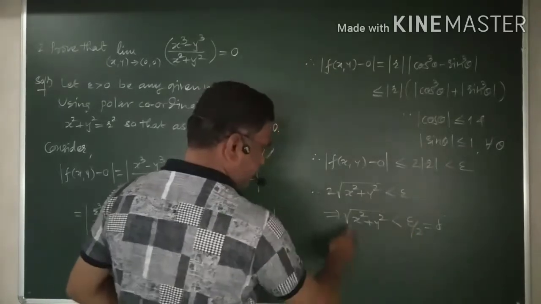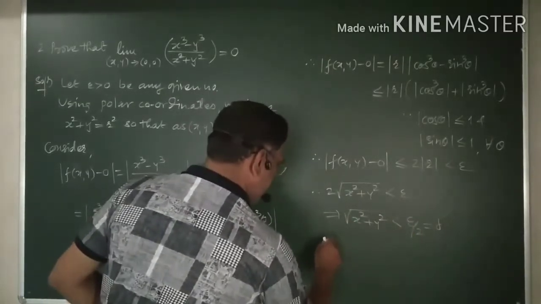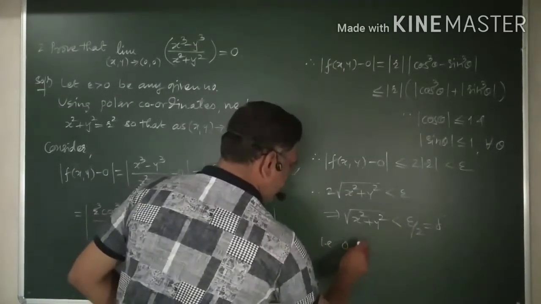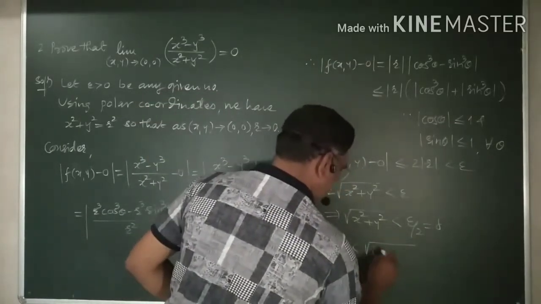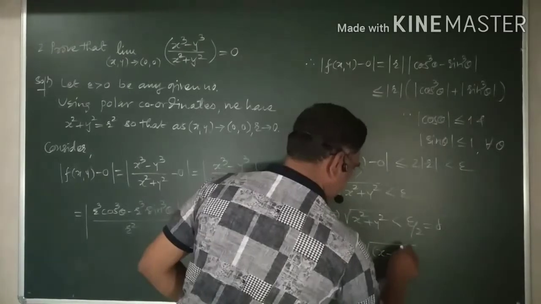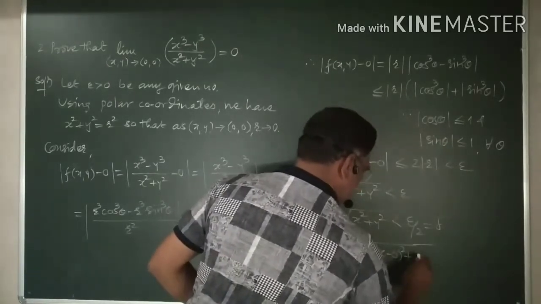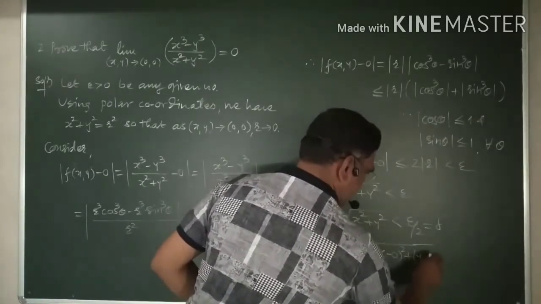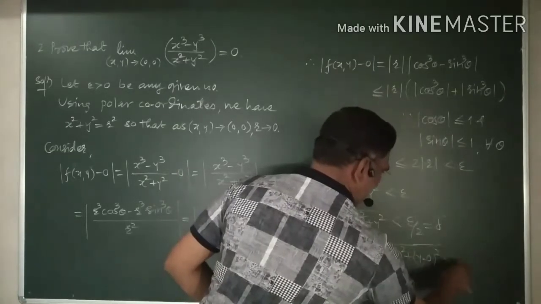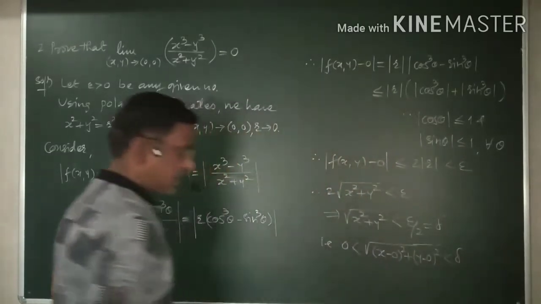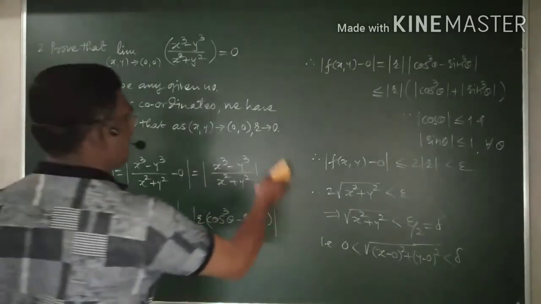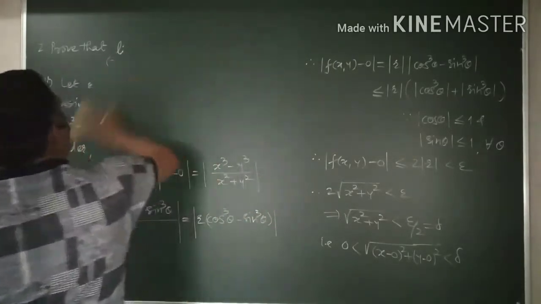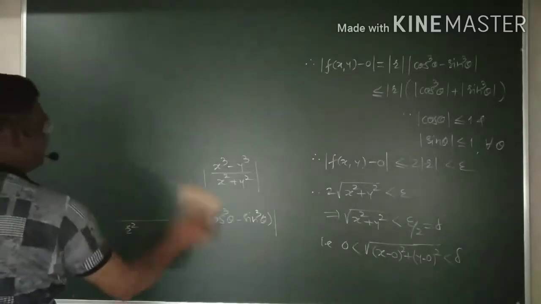As epsilon is positive, this happens when 0 is less than root of (x minus 0) square plus (y minus 0) square, less than delta, the point being (0, 0). Hence this ends our calculation.